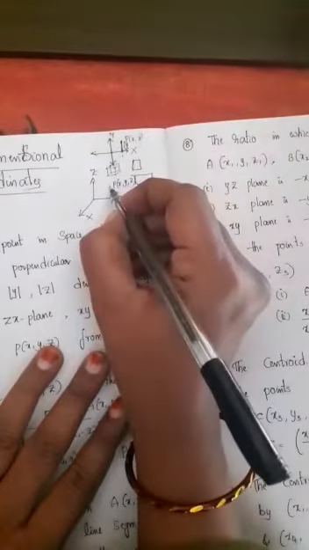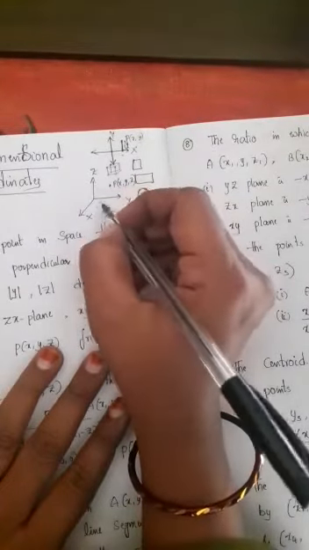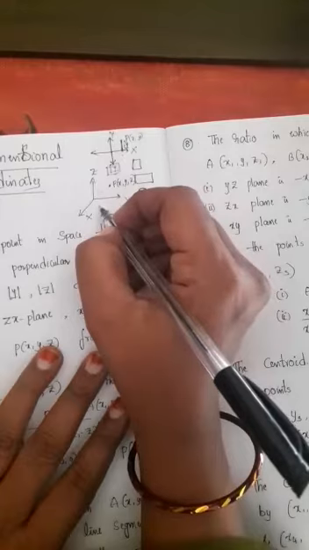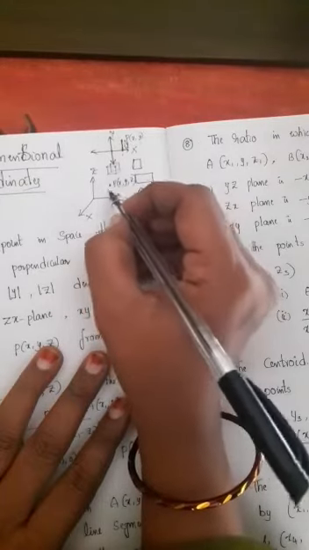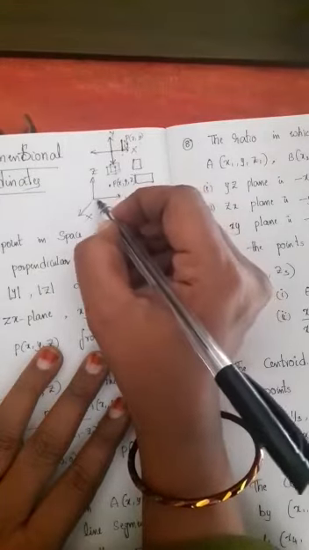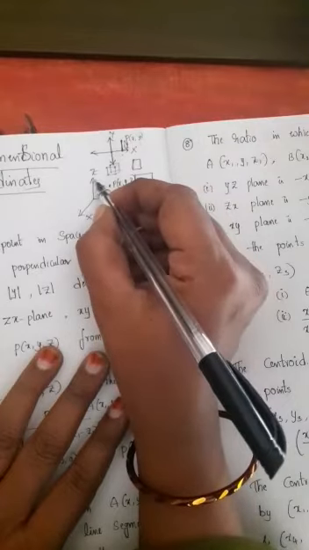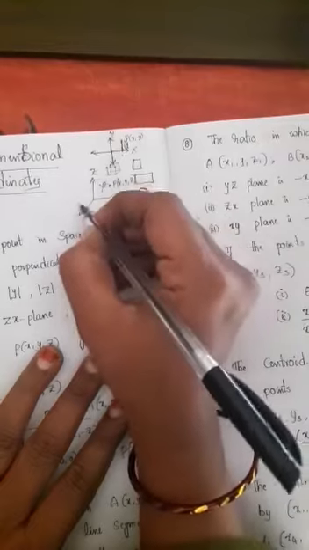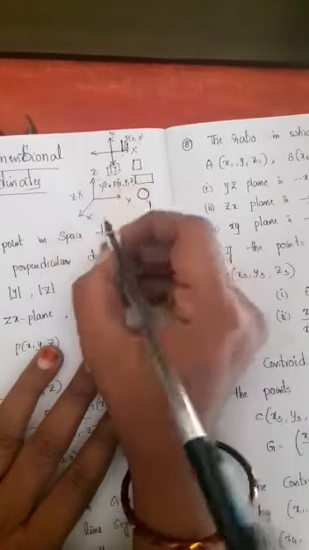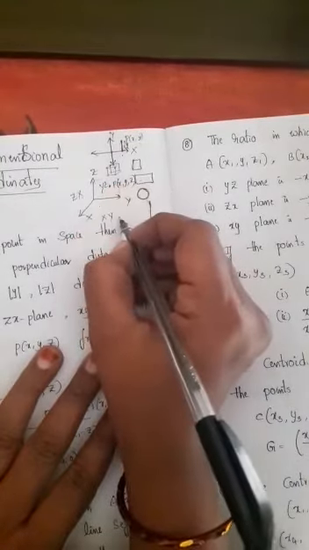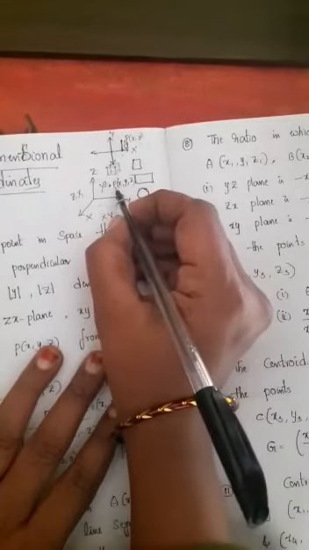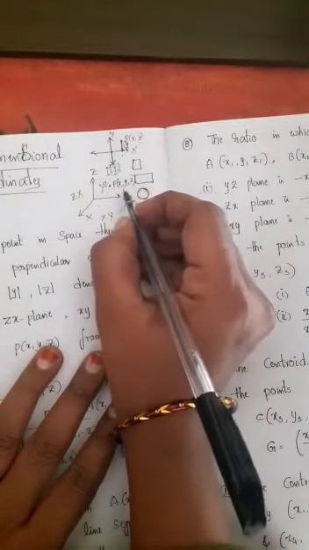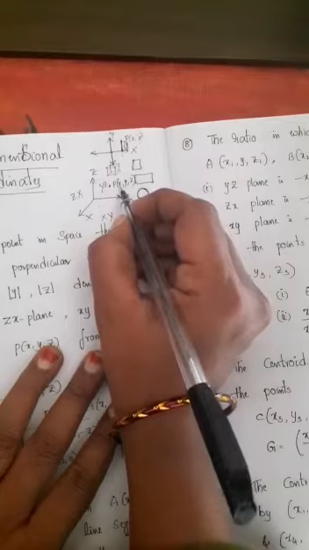Similarly, here you have 3 planes. These are not quadrants, this is the YZ plane, this is the ZX plane, and this one is the XY plane, right? If you have a point P of x comma y comma z, the length is mod x.